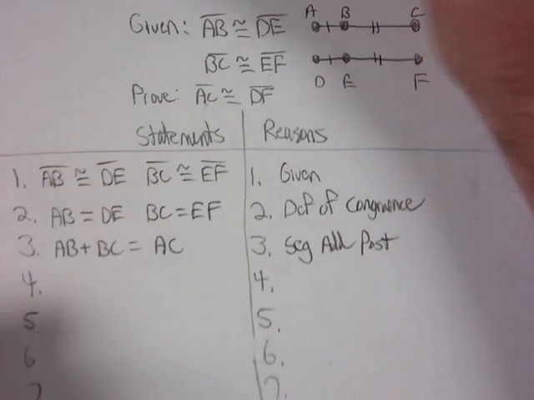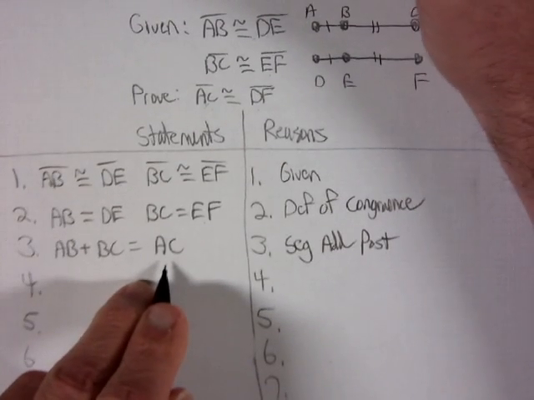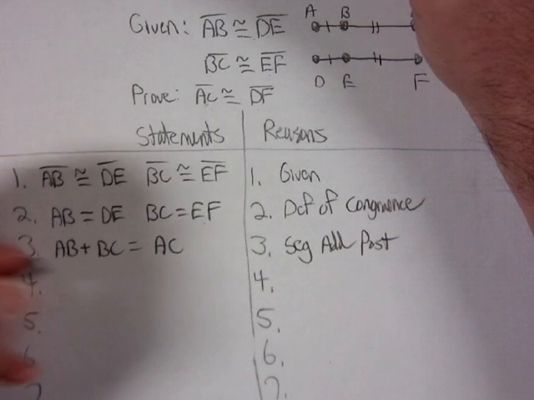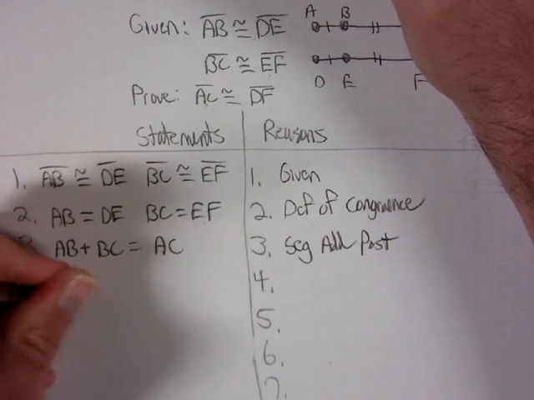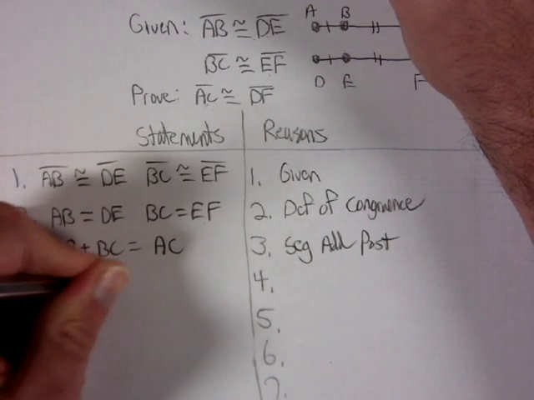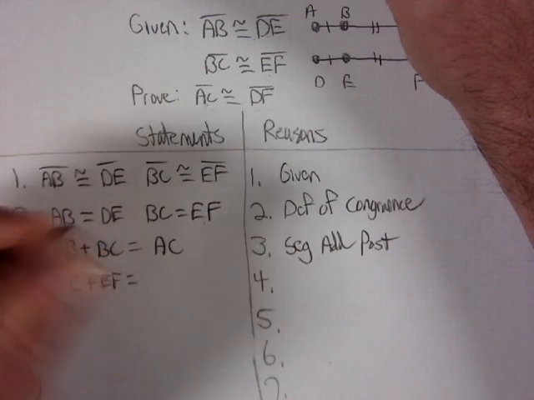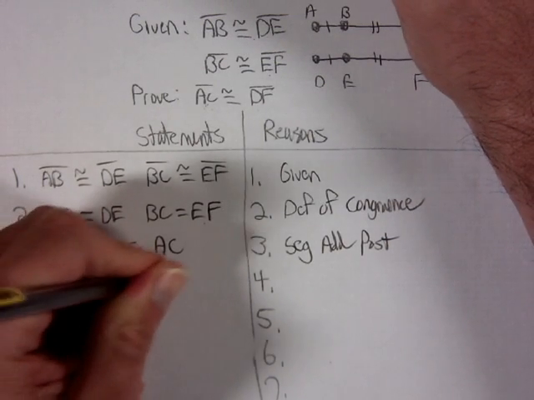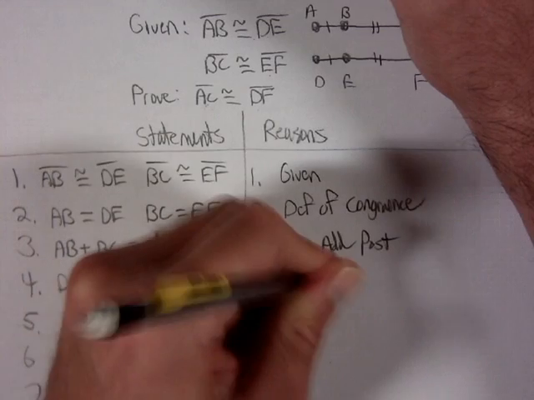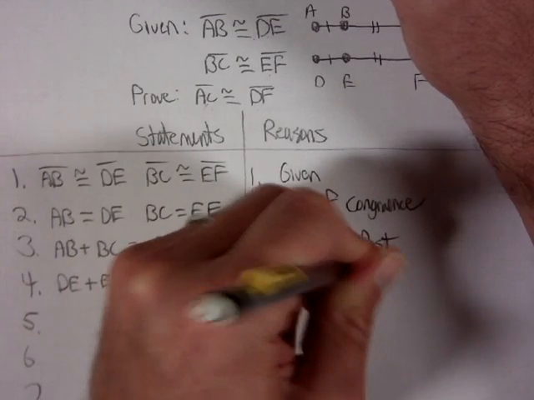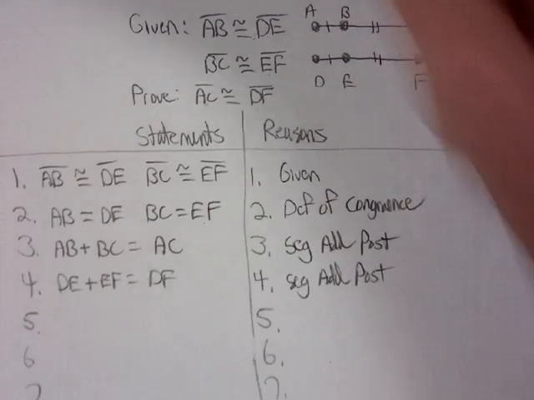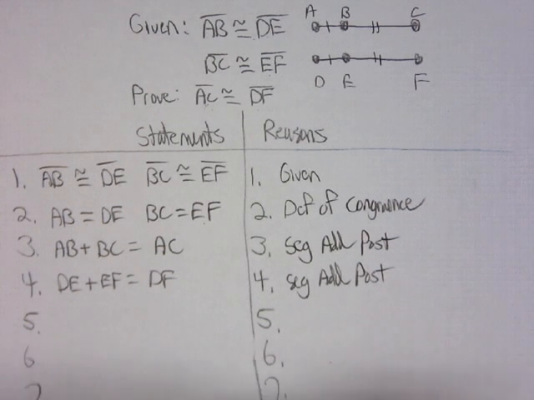Okay, and likewise, let me use the same thing to get a DF in here. Well, DF is equal to DE plus EF equals to DF. Again, segment addition postulate. Okay, and so that's allowed me to get these two things into my proof.